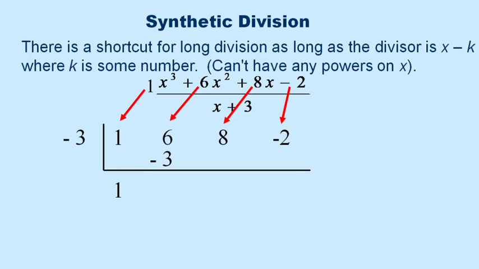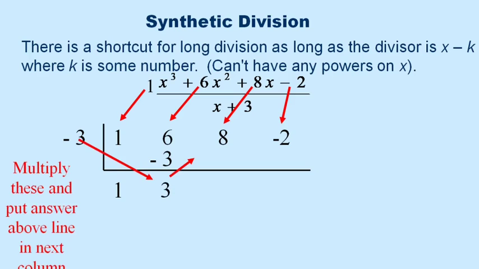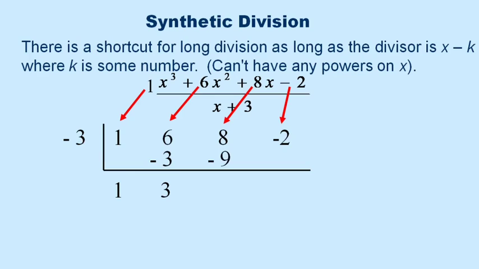Minus 3 times 1 gives minus 3, so we write minus 3 below 6, and then we add these two: 6 plus minus 3 gives positive 3. Again we multiply negative 3 and this positive 3, and write the result in the next column below 8. Negative 3 times positive 3 gives negative 9, and when we add them we get negative 1.